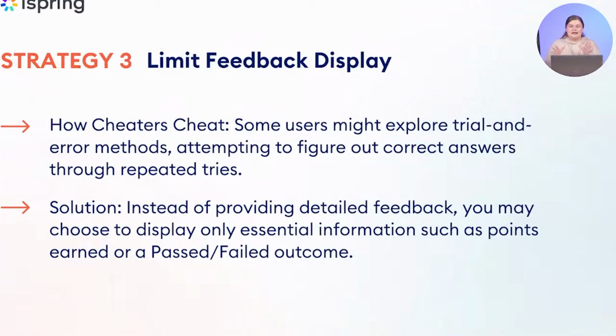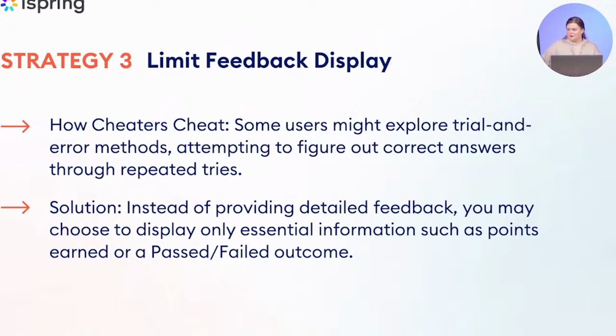Instead of providing detailed feedback, you may choose to display only essential information, such as points earned or a pass or fail outcome. Or you might decide to disable feedback completely. This restriction aims to prevent learners from gaining extensive insight into correct answers, reducing the likelihood of collaboration on specific answers or strategies, and ultimately discouraging cheating.